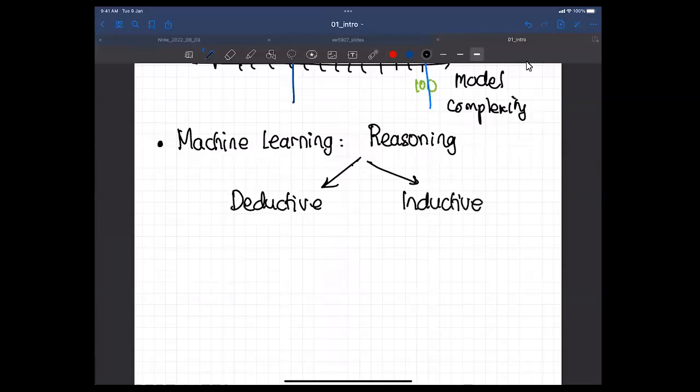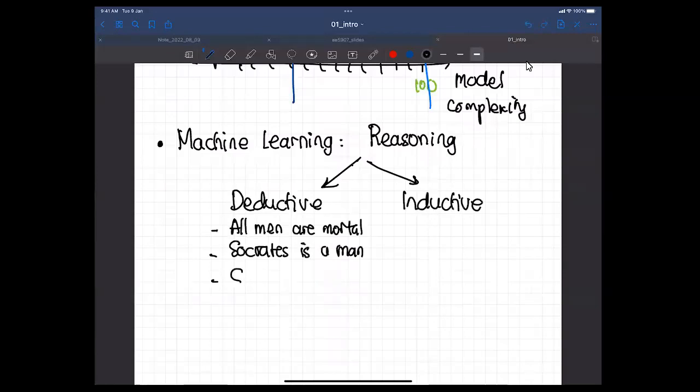So, deductive, for example: all men are mortal. Socrates is a man.